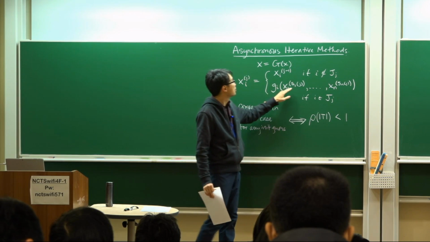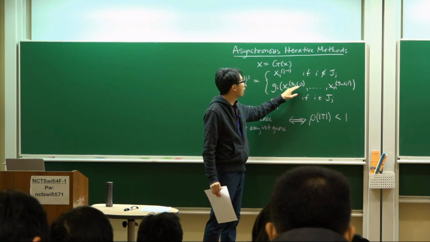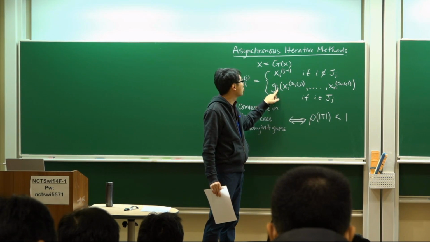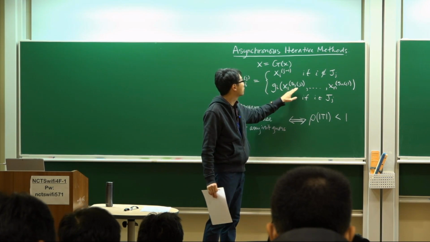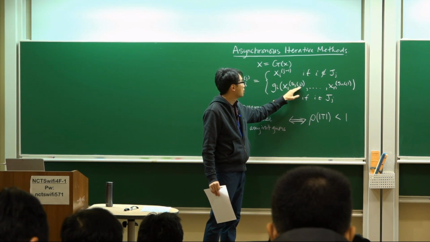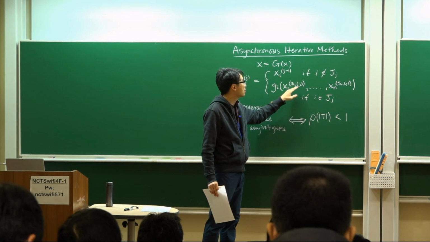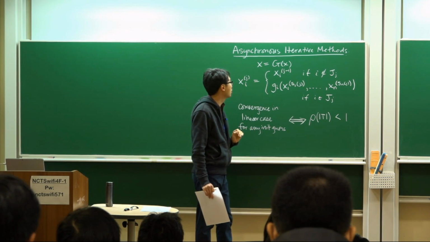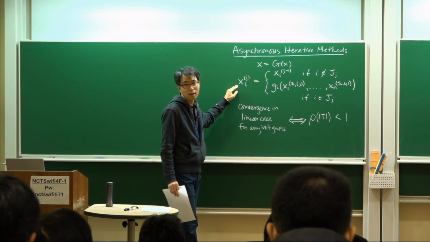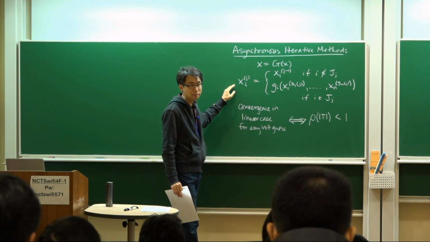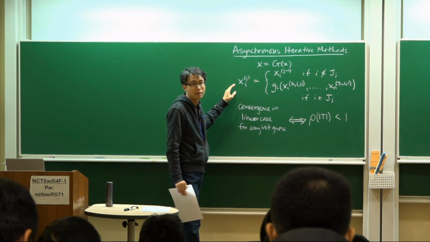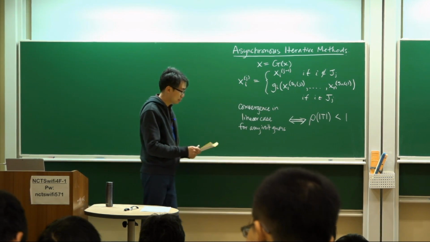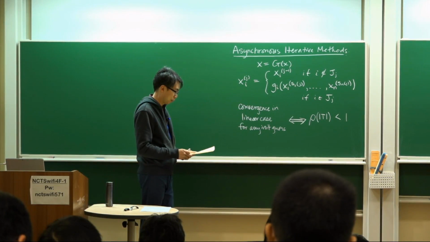But this implies that if some other processor at this time instant is going to, let's say i is equal to 5, use some older value of s, some older delay, so some older value of x_1, then the local processor also has to use that local value of x_1. So that's slightly unrealistic. And I'll show you an example of that in a moment as well. But I just wanted to mention that here since I have that equation up on the board.